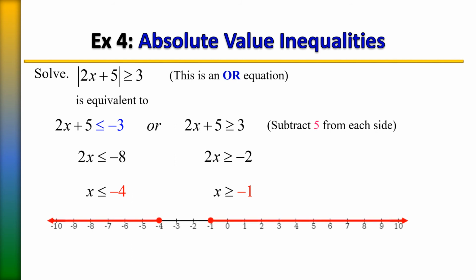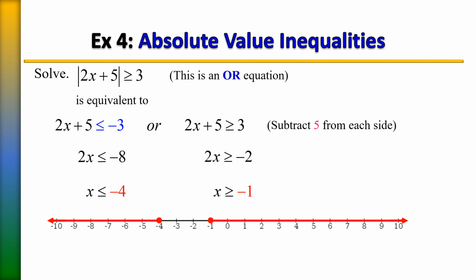So at both ends, notice you see here that it has been colored in to indicate it does include -4 and -1. And then writing it in interval notation form, we're going to put brackets at the -4 and at the -1. And then it's going to move in either direction to infinity.